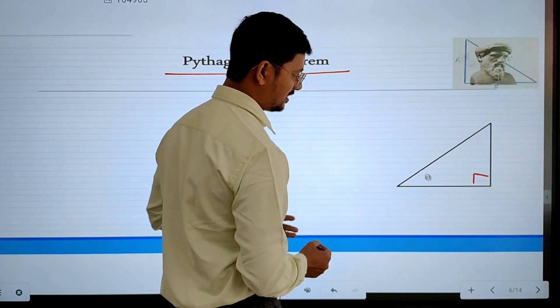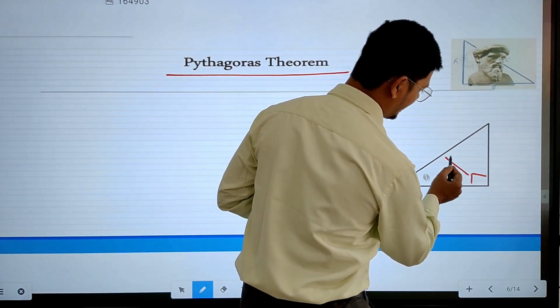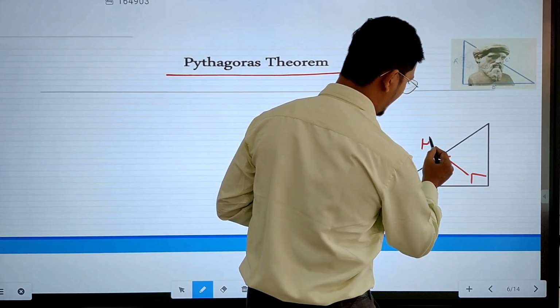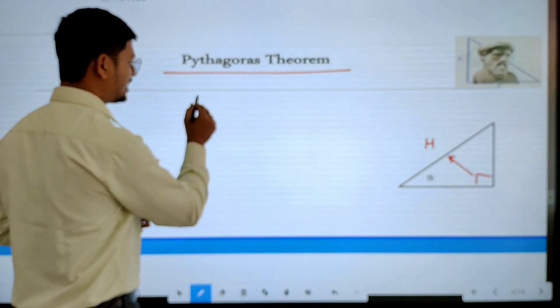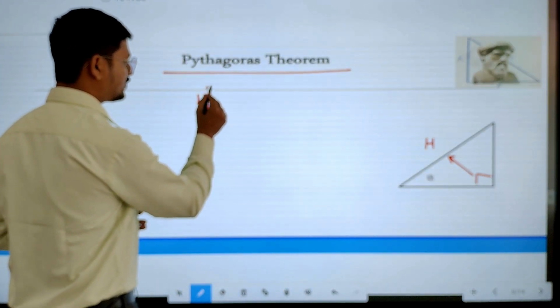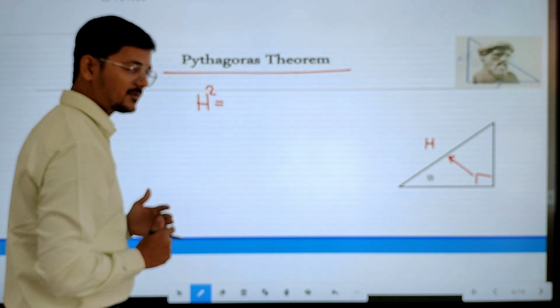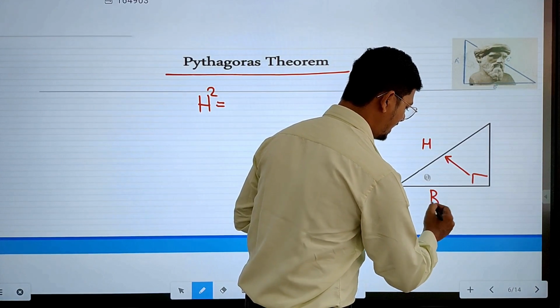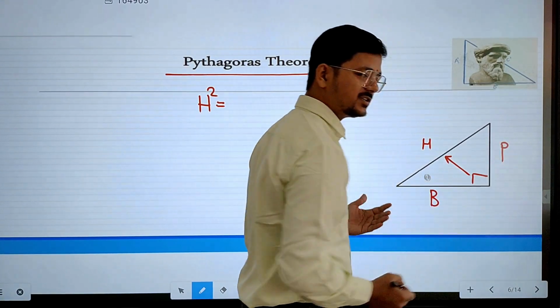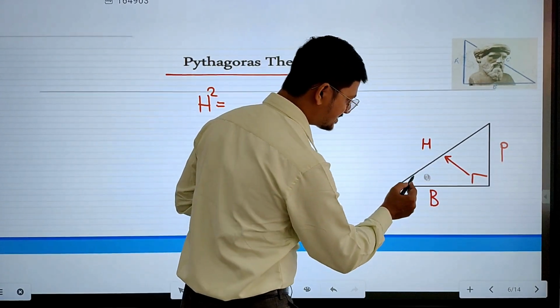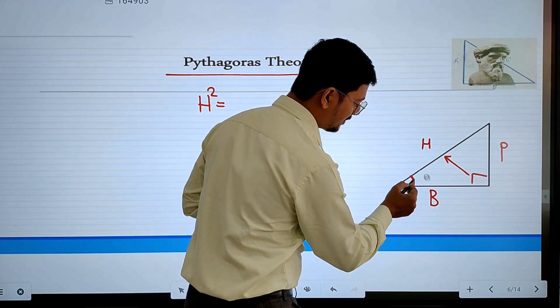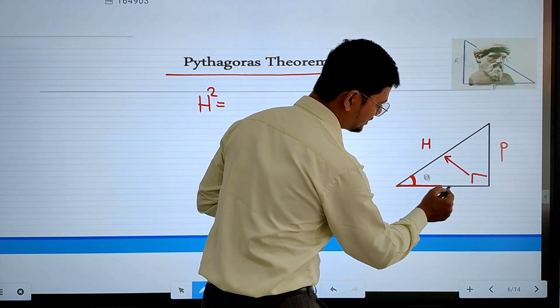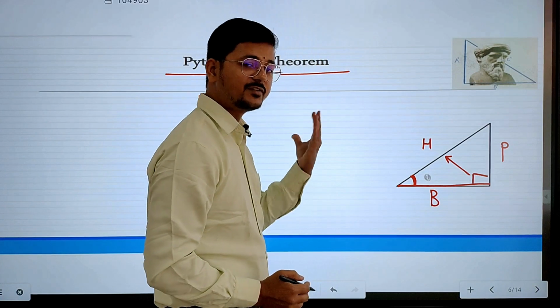In a right angle triangle, the side opposite to the right angle is called the hypotenuse, and in a right angle triangle the square of the hypotenuse is equal to the sum of the squares of the other two sides, that means base square and perpendicular square. So what is base here? Base is the side which is adjacent to theta. So this side is base because hypotenuse is always fixed.